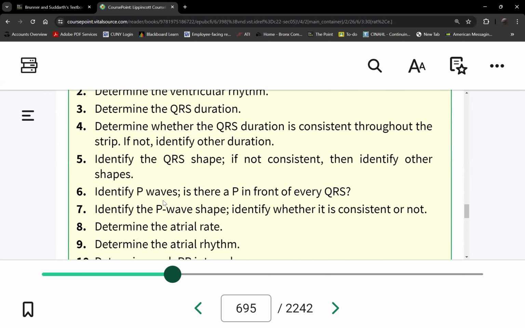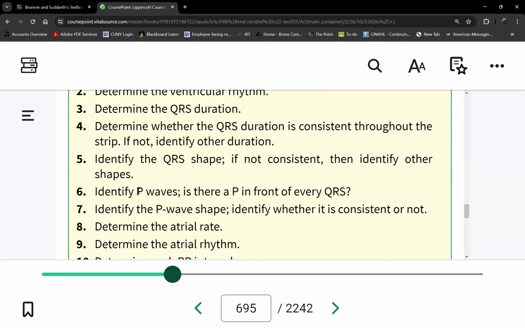Next is the P waves. The P waves are very important because the P wave represents atrial depolarization. Not only that, when we see a P wave, the electrical impulse came from the SA node. If there are no P waves, what does that mean?